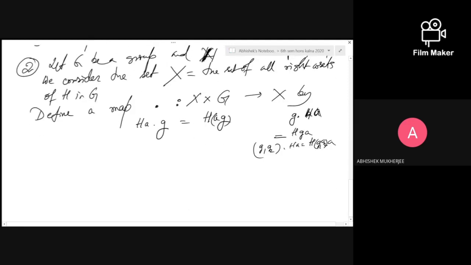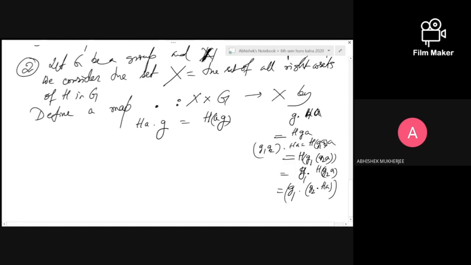Is it a left action? Just putting the associativity here: this is g1 dot H g2 a, so this is again g1 dot (g2 dot Ha).